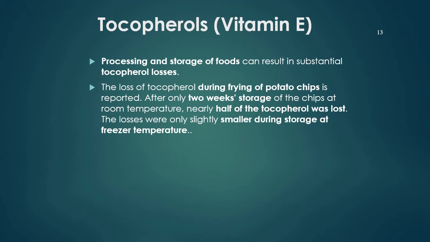Okay, processing and storage of food can result in substantial tocopherol loss. The loss of tocopherol during frying of potato chips is reported. After 2 weeks storage of the chips at room temperature, nearly half of the tocopherol was lost, while the losses were only slightly smaller during storage at freezer temperature.